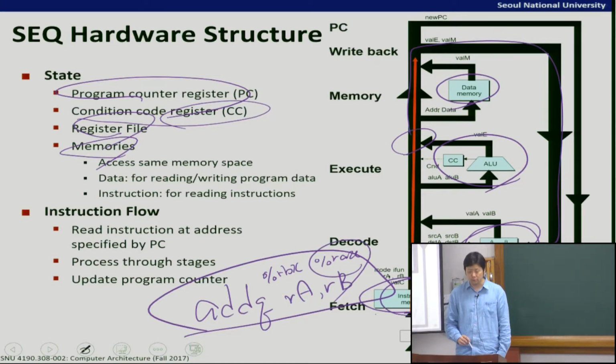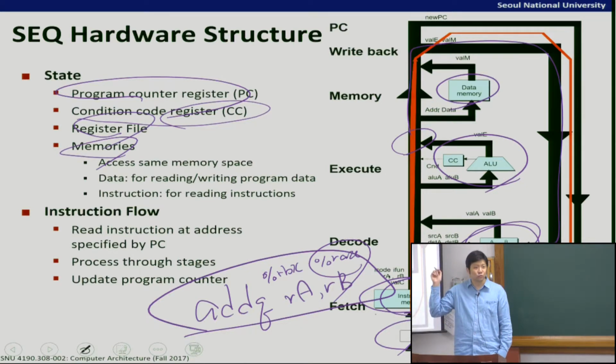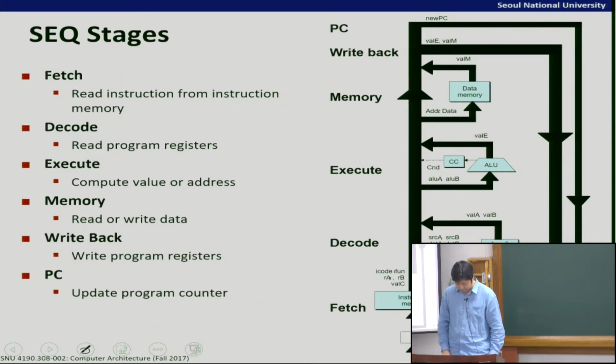You also update the PC. The PC must become PC plus 2, because this addq instruction only takes 2 bytes, so the next instruction will be 2 bytes away from the current location. That's basically how you execute this add instruction.